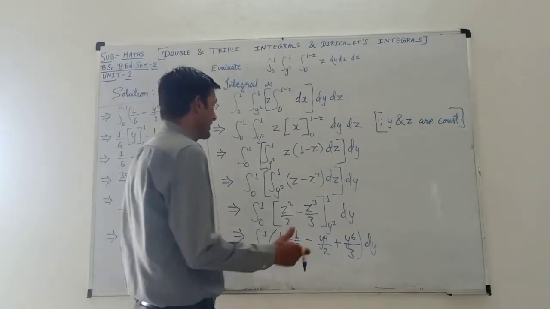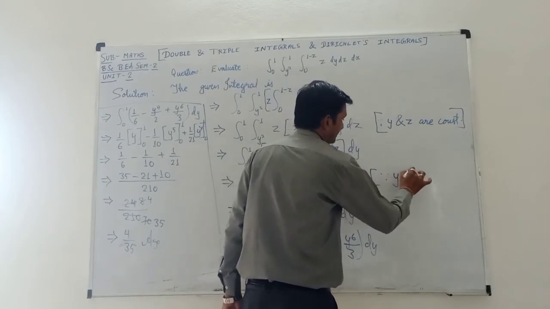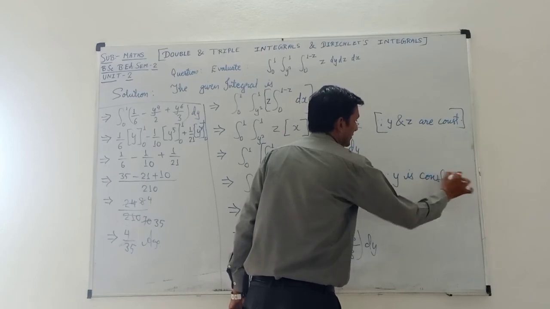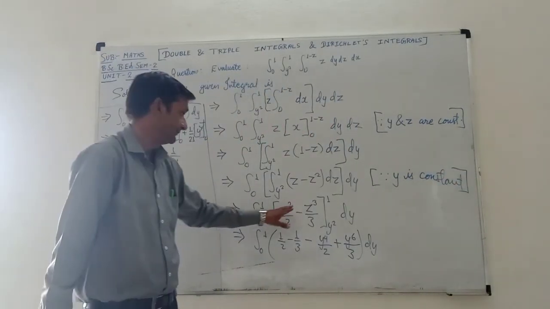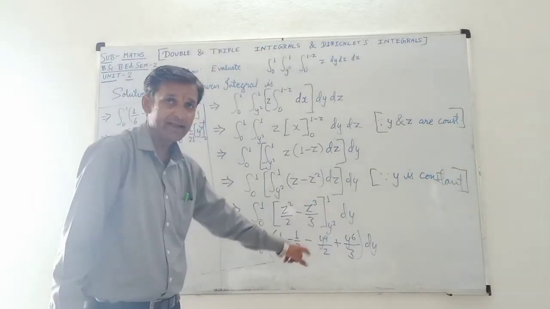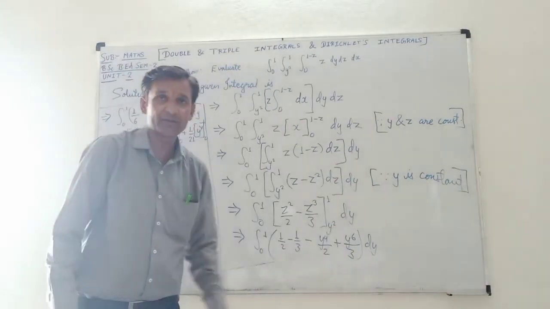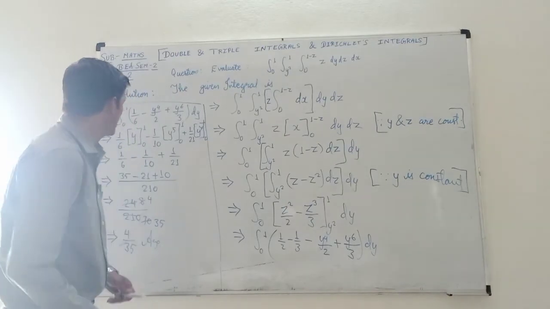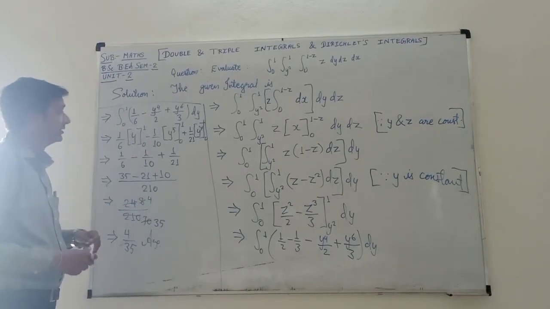So here you can write that y is constant. And lastly, after putting these limits, it will become a function of y. So the function of y should be integrated with respect to y. So only constant quantities are remaining in the limits, and those constant quantities are 0 and 1, lower and upper.